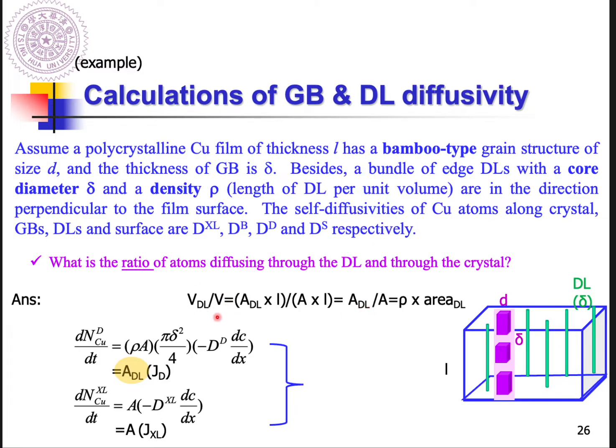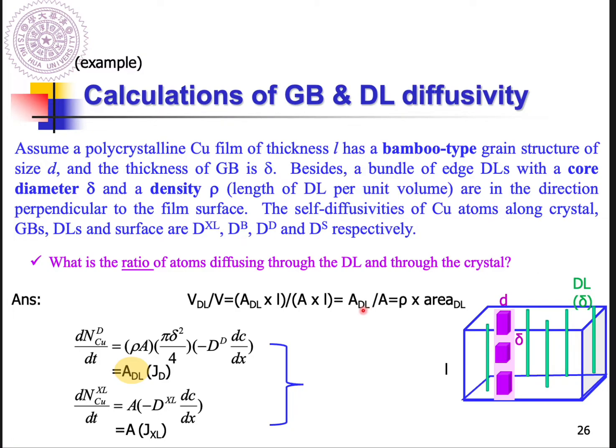This volume fraction of dislocation also equals the density of dislocation, whose unit is length of dislocation per unit volume, times the area of the dislocation, which gives the volume of the dislocation. So now you get this relationship for A_DL, right?